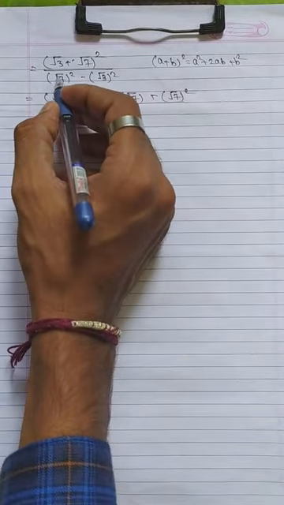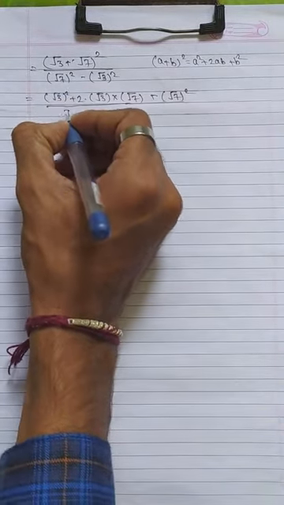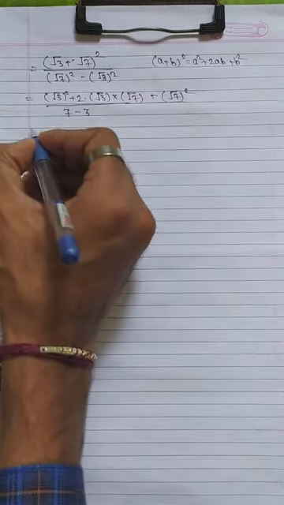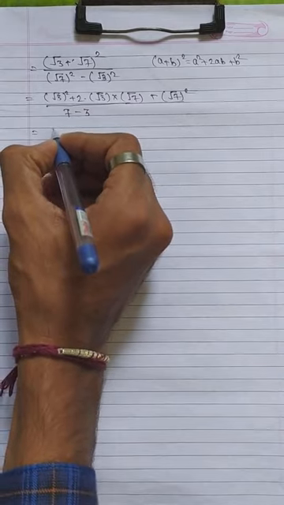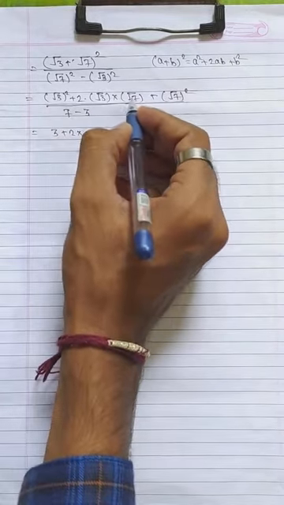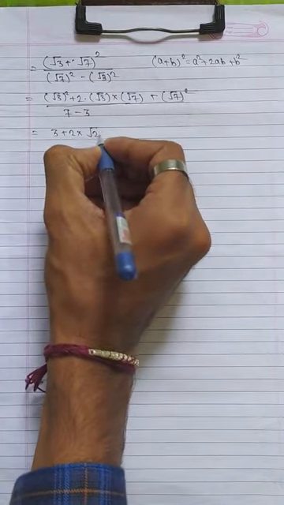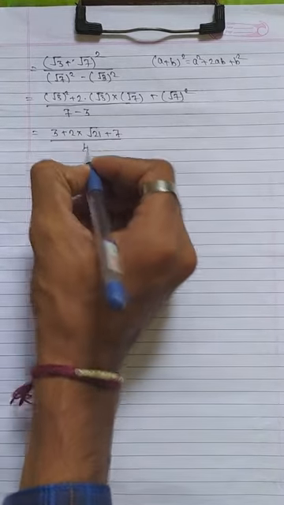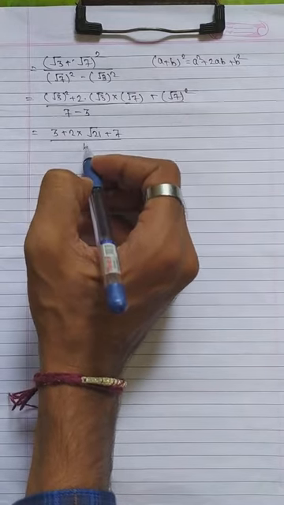So root 7 square is nothing but 7 minus root 3 square which is 3. So root 3 square is 3, plus 2 into root 3 times root 7 is root 21, plus 7, upon 4. 7 minus 3 is nothing but 4.